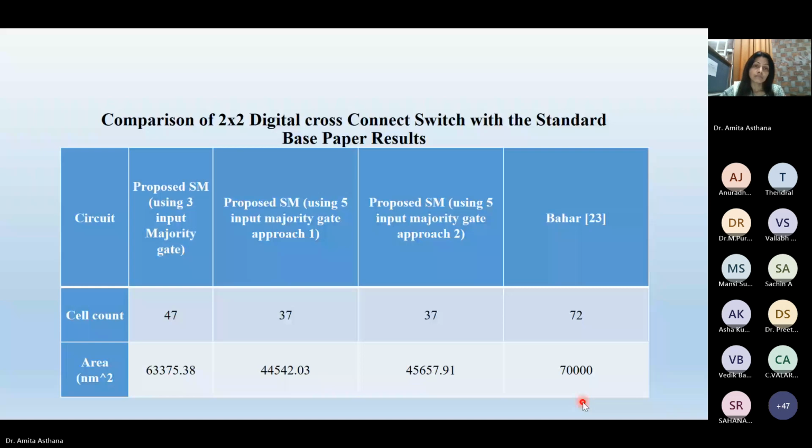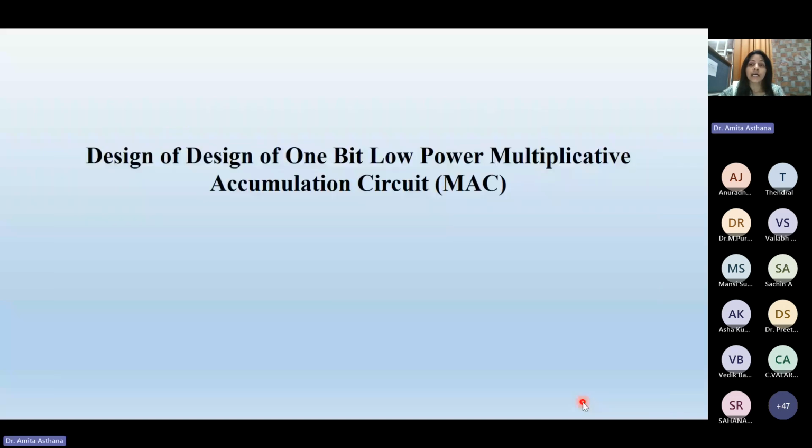Now if we are employing any digital cross connect switch at the router, then there would be some sort of calculation also. And here it's important to design a low power multiply accumulate circuit.